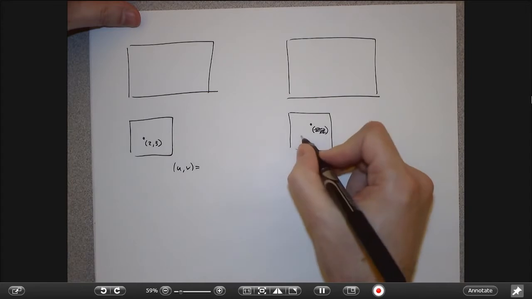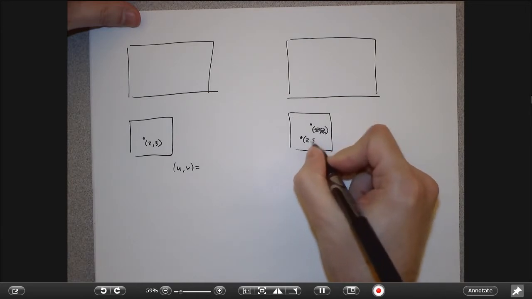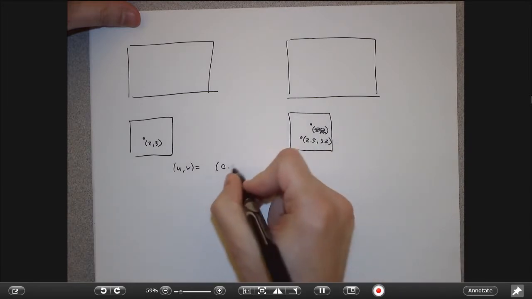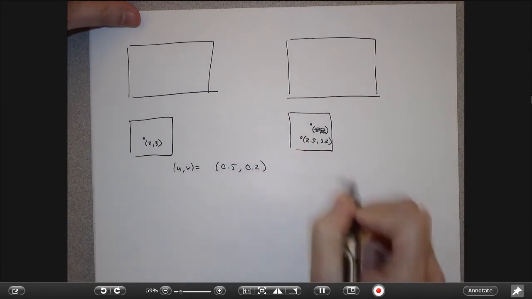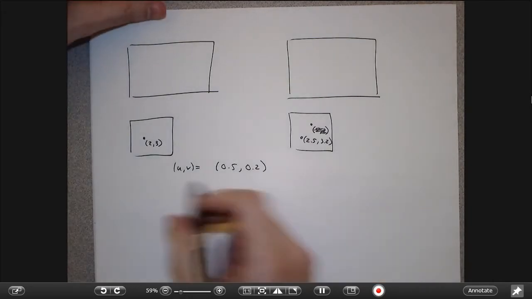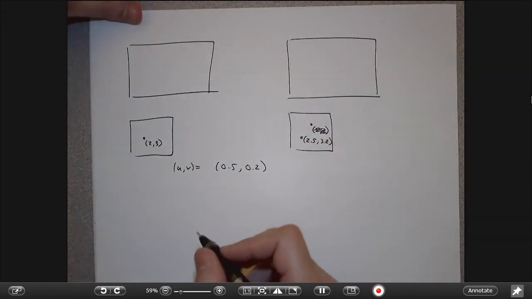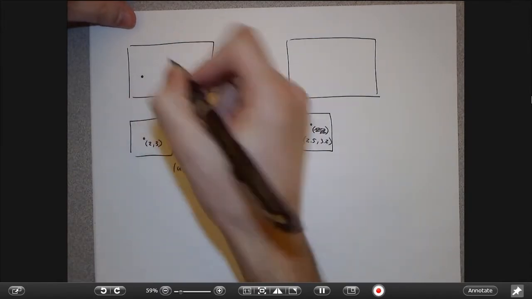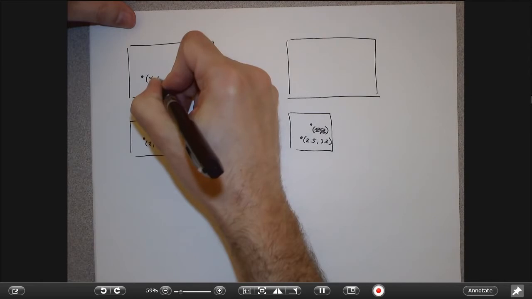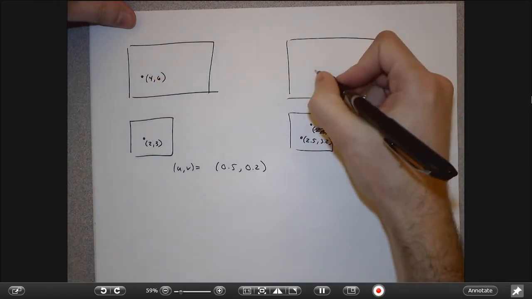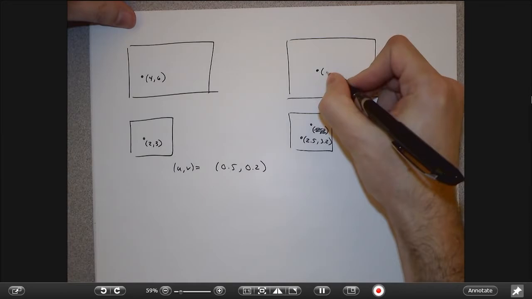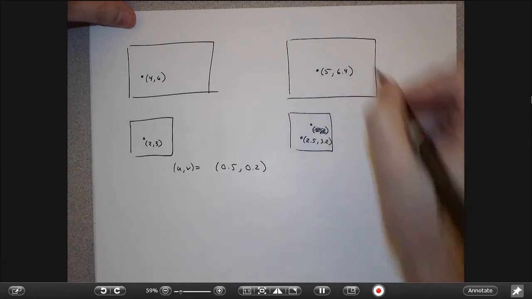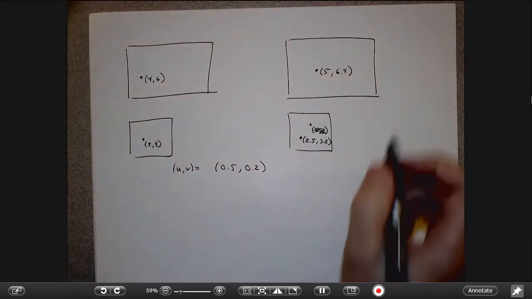So maybe it should be something like 2.5 and 3.2. So my estimated UV is going to be 0.5 and 0.2 for this point. All right, now I bring things up to here, right? So this point will become 4, 6, and this point will become 5, 6.4.